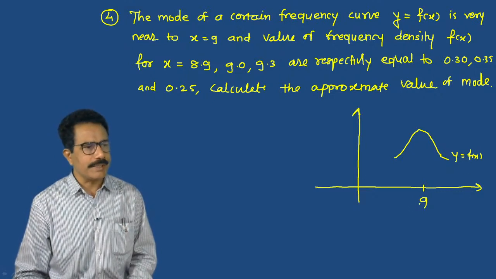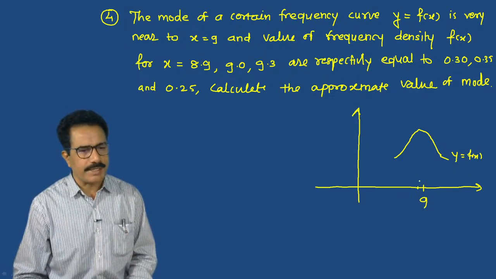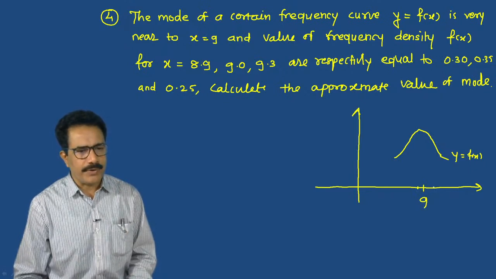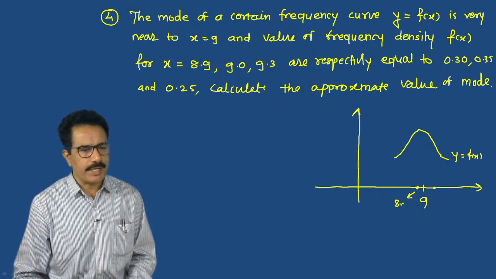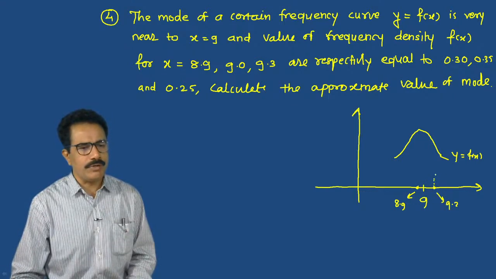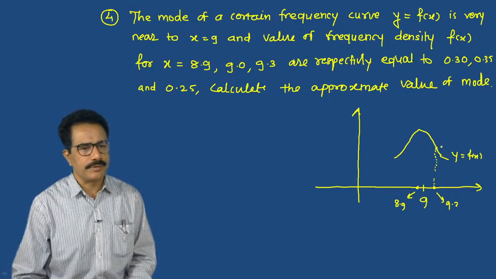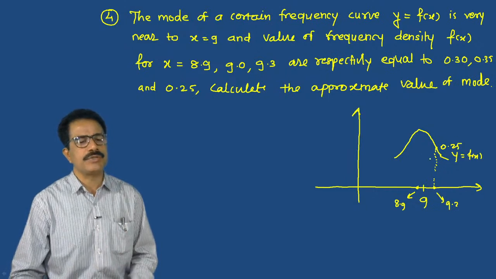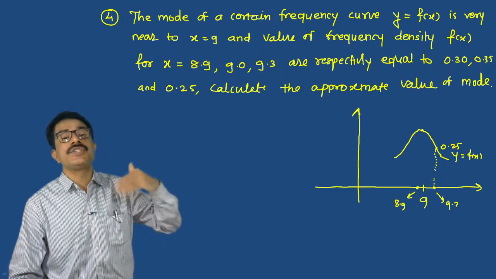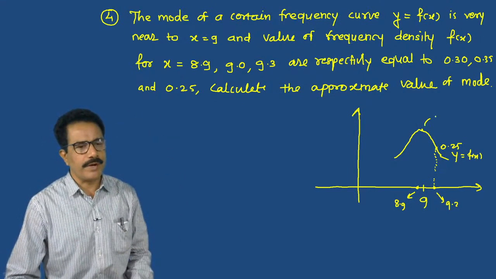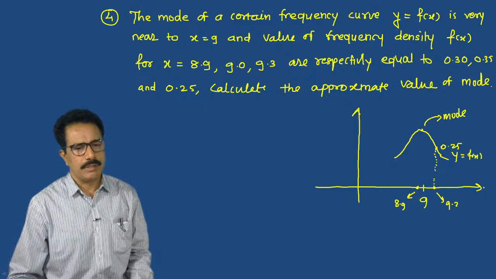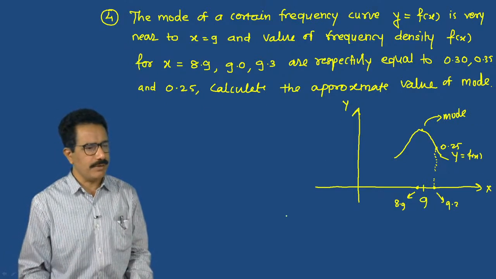And we are given the values 8.9, 9 and 9.3. This is 8.9, this is 9.3. Then the corresponding values of this function are already given, and the last is 0.25. In this way we have to find at which point there is a mode. Suppose this is the x-axis, this is the y-axis.